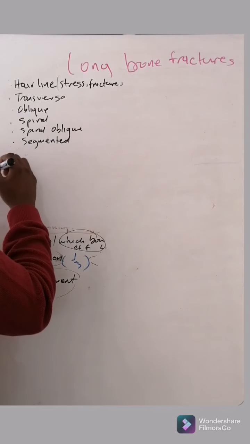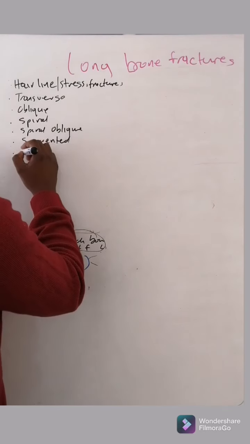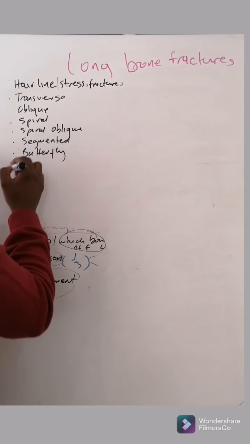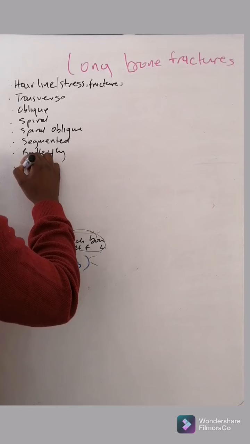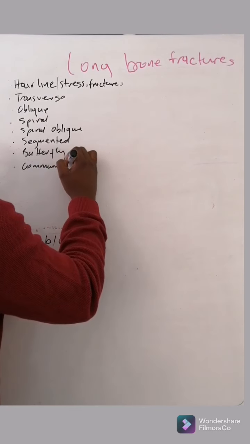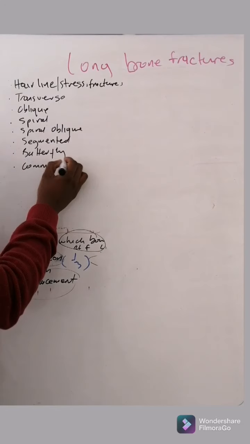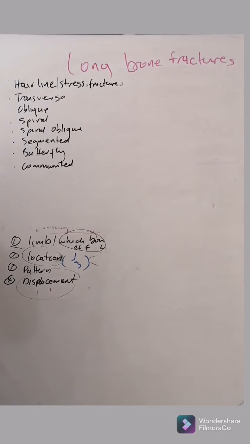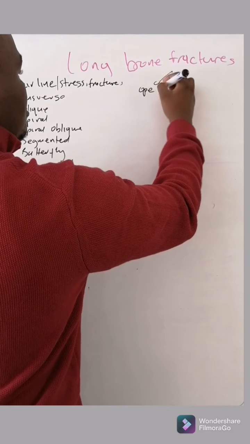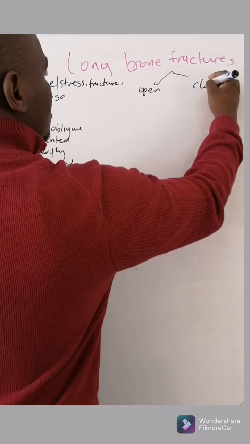These are the most common ones. We've got butterfly, and we have a comminuted fracture, meaning multiple pieces involved. And remember, all fractures can either be open or closed.